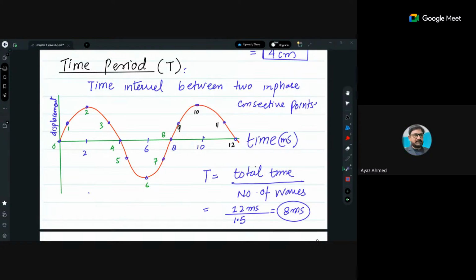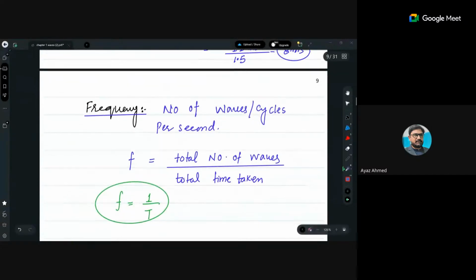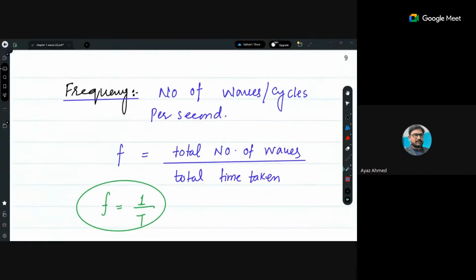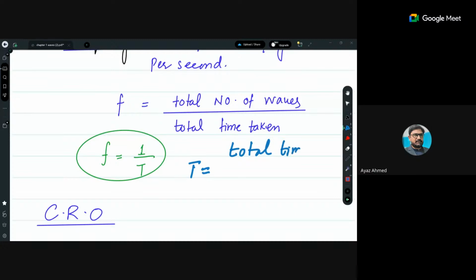Okay. So the frequency is actually the number of waves per second. So frequency is total number of waves divided by total time taken. Here is one important thing. What was time period? It was total time divided by number of waves.